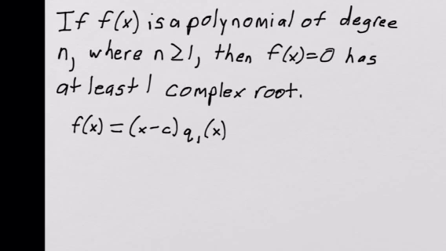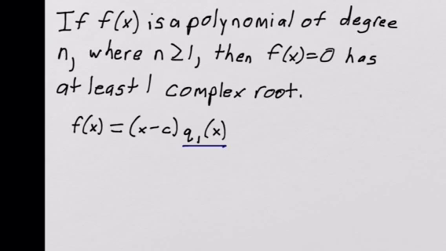Now, if f of x were of degree 1, that would just be a 1, but well, then we get the idea of mathematical induction going on. Now, if that's not a constant, that's another polynomial of degree at least 1. So it has at least one complex root. We can find it and keep on going from there.